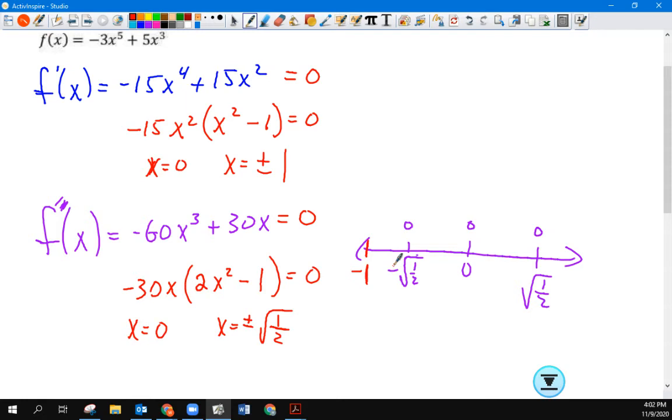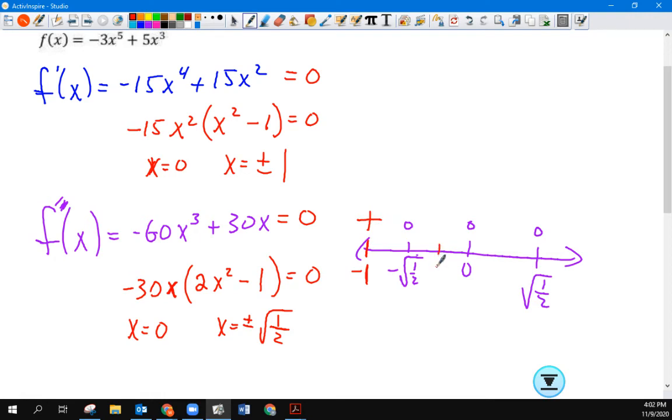So plug in negative 1 into your second derivative to test it. You can plug it into the factored form, or you can plug it into the original form. If you plug it into the original form, you're going to get positive 60 minus 30, which is going to be positive here.